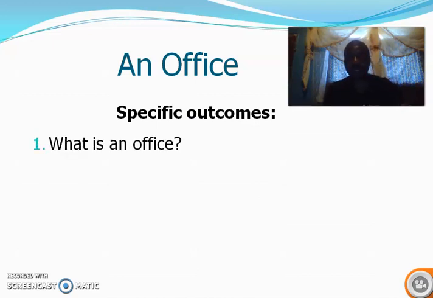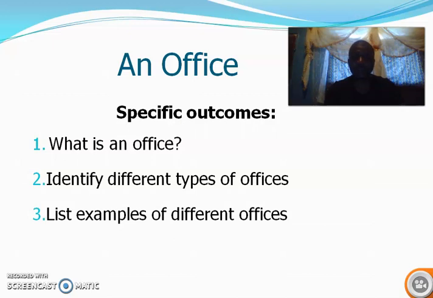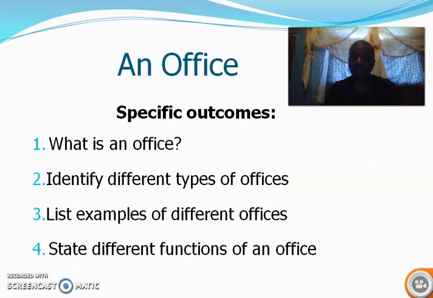The first one is, what is an office? We also look at different types of offices. Thereafter, we are going to list examples of different offices, and finally, we'll state the functions of offices.